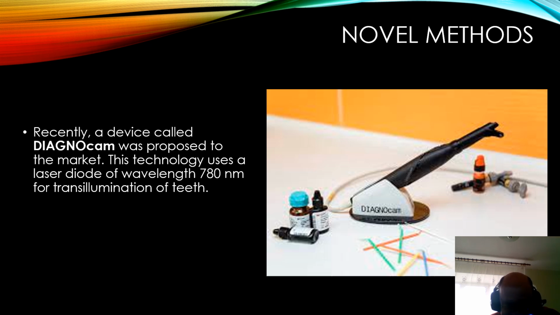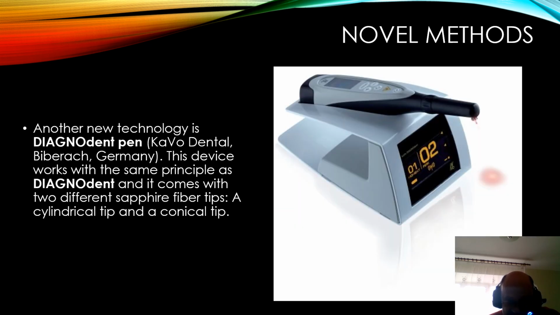Recently, a device called DiagnoCam was proposed to the market. The technology uses a laser diode of wavelength 780 nanometers for transillumination of teeth. And another new technology is the Diagnodent Pen from KaVo Dental Company. This device works with the same principle as Diagnodent, and it comes with two different sapphire fiber tips, a cylindrical tip and a conical tip.